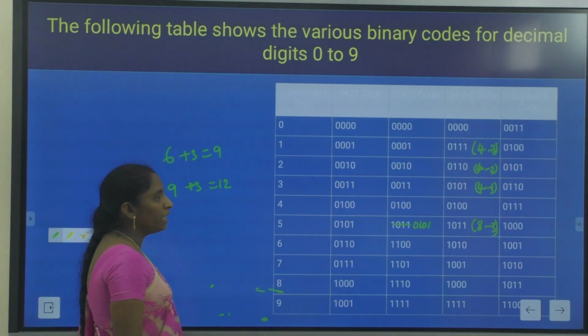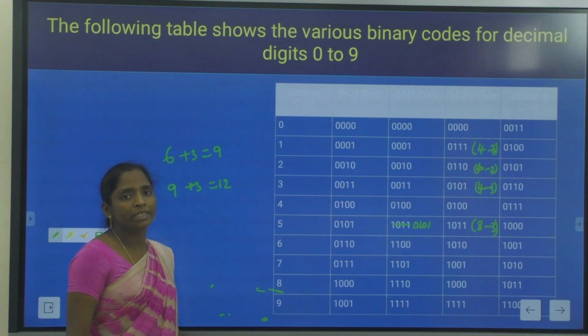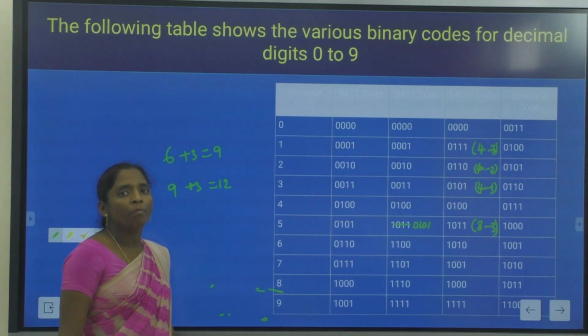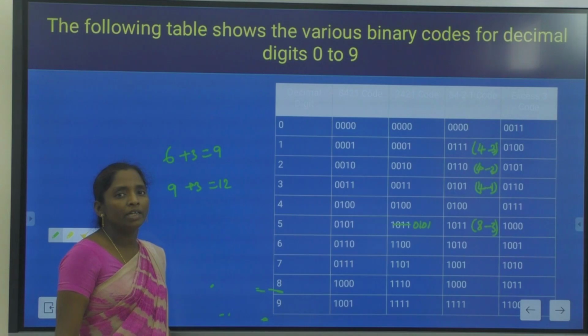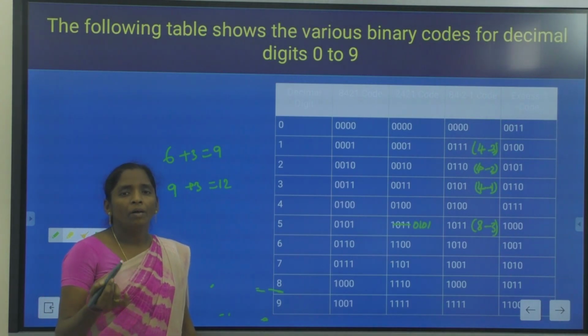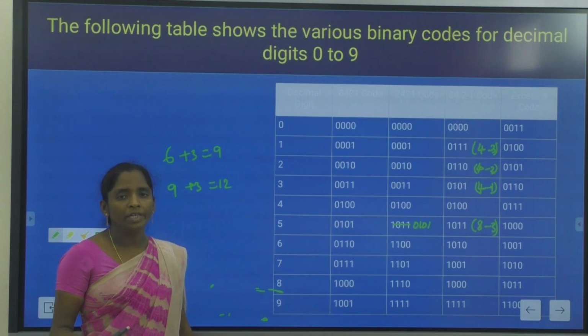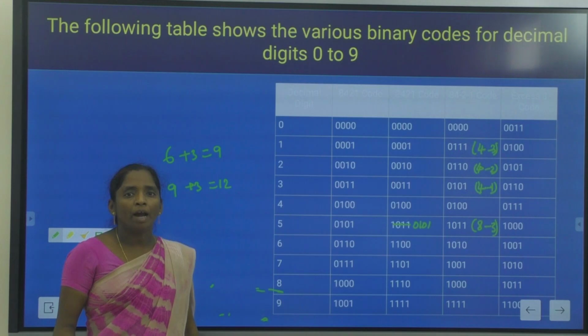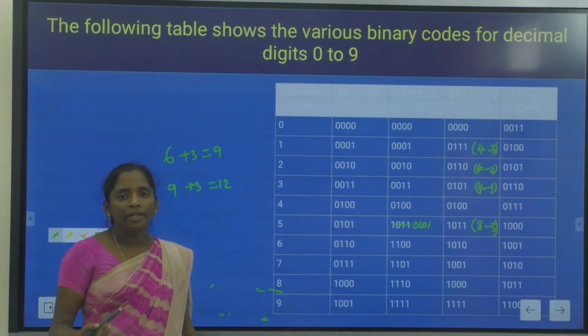To get the 9's complement of the XS3 code, simply complement the number, then you will get the 9's complement of the XS3 code. That means to get the 9's complement of the XS3 code, we are complementing that code.